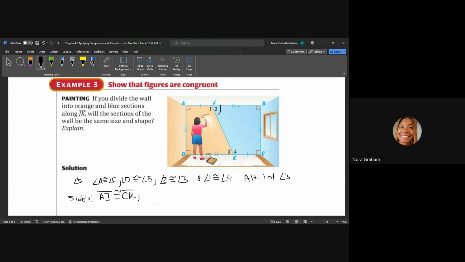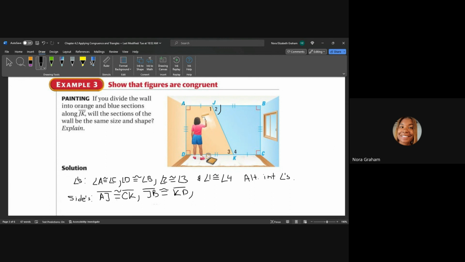Then another one, these tick marks, they give us those. So JB is congruent to KD.